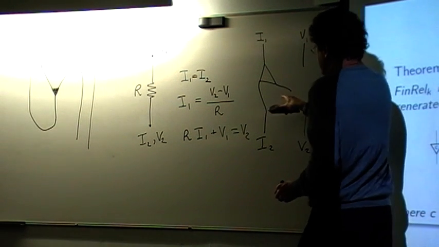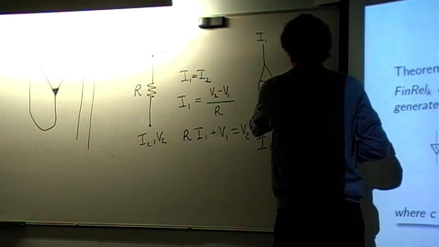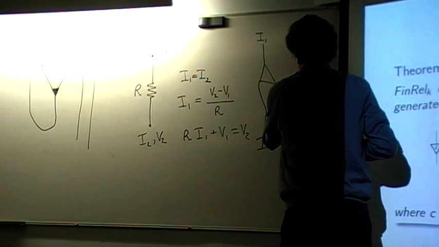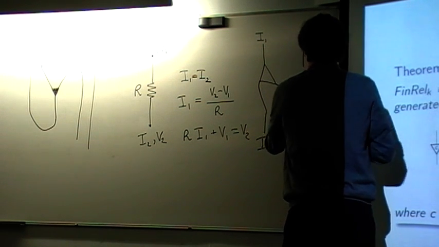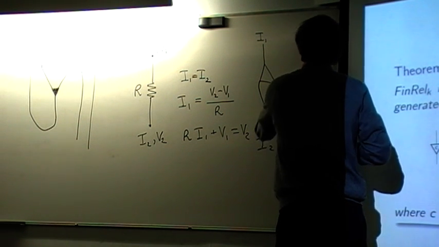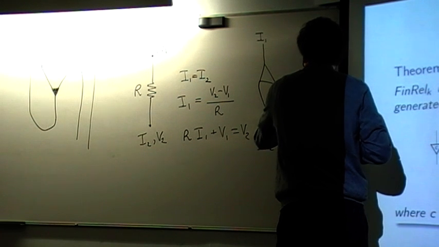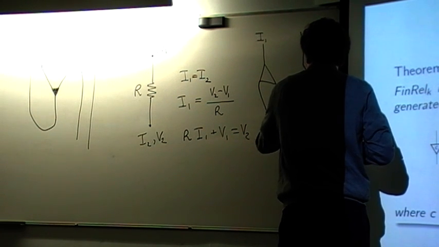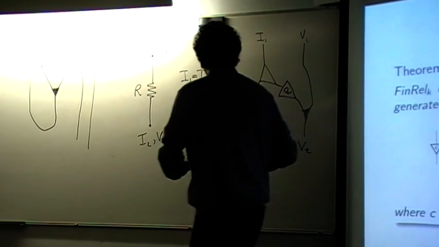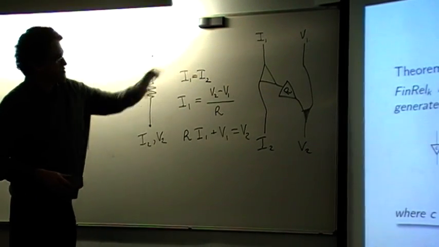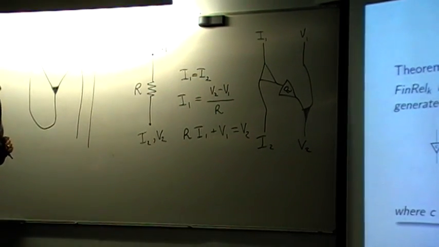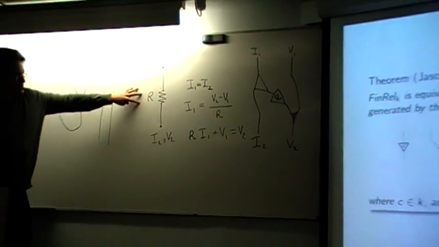So what I'll do is I'll take this copy of I1 that's come out of here, I'll multiply it by the resistance, and then add it to V1 to get V2. So that's the simplest signal flow graph that you can draw that corresponds to this resistor.